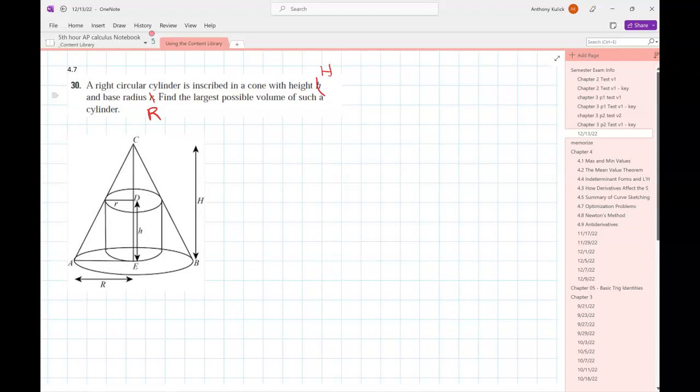I would, in a problem like this, I'd probably have given you the picture, Mackenzie. I would have said, label the diagram.